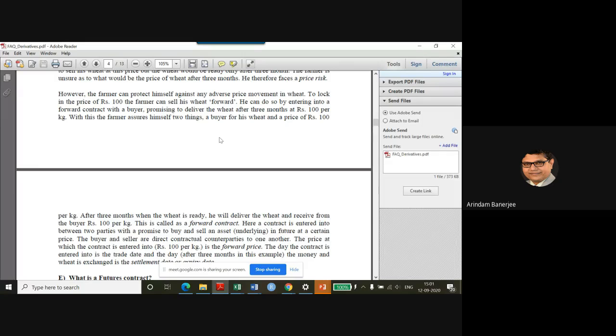Because we all know that if there is the efficient market hypothesis, it says that this arbitrage opportunity cannot stay in the market for a long period of time. If any arbitrage opportunity arises, the market participants will act in such a manner that the arbitrage opportunity goes away.